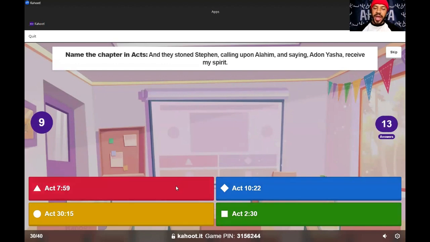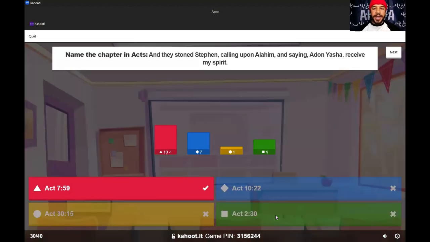Acts chapter 7 is red, Acts 10 is blue, Acts 30 is yellow, Acts 2 is green. Pick 3, 2, 1. Acts chapter 7, verse 59. The answer is right there. This is the chapter of the Star of Remphan.